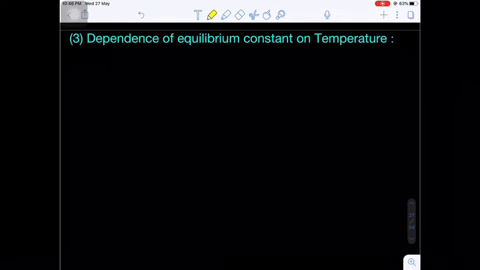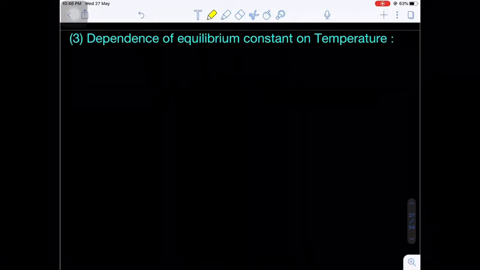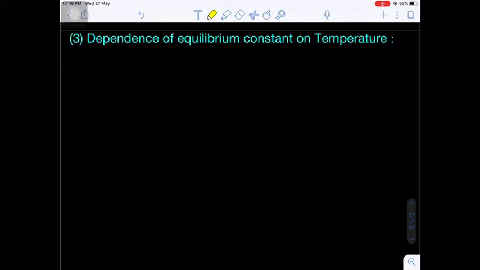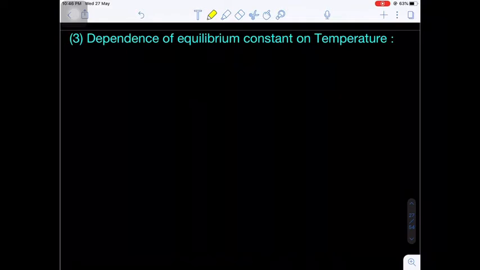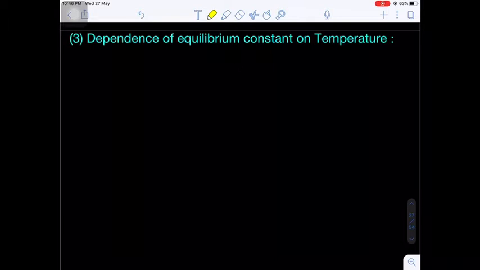The second factor is the stoichiometry of the reaction. When we multiply a chemical reaction by a factor n on both sides, the equilibrium constant of the new reaction will be the previous equilibrium constant raised to the power n.